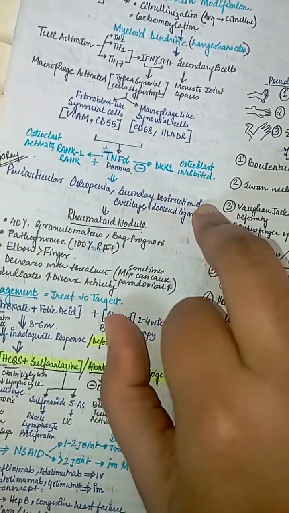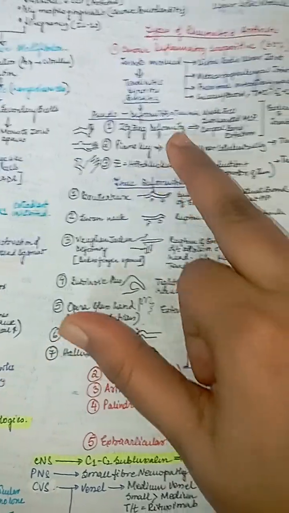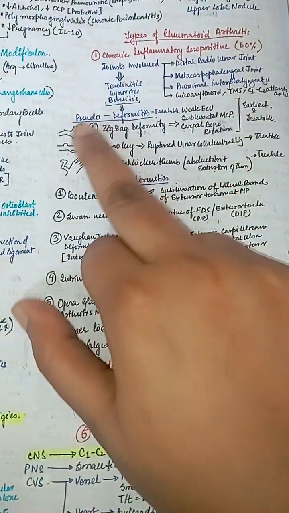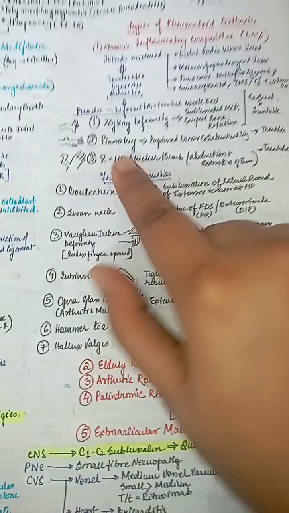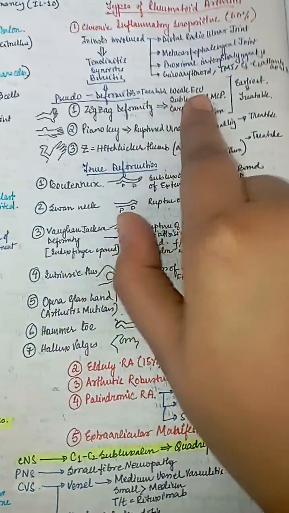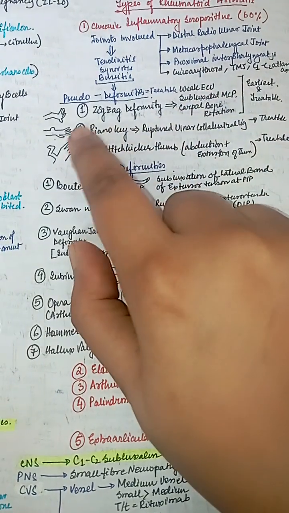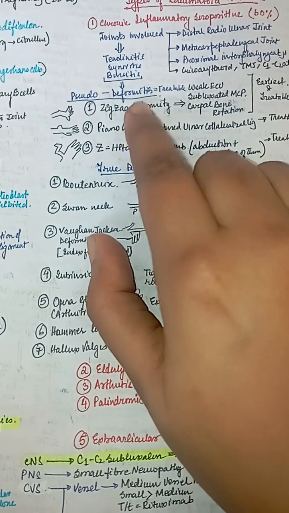Here also we have seen secondary destruction of cartilage and loosening of the ligament. So these firstly form the pseudo deformities before the formation of the true deformities. There are three pseudo deformities.